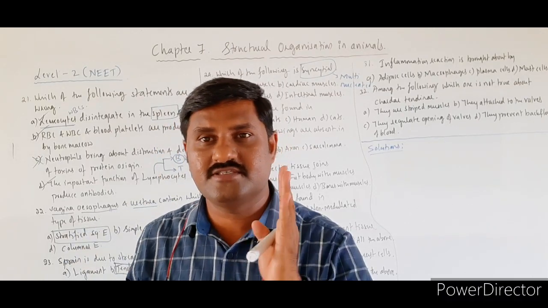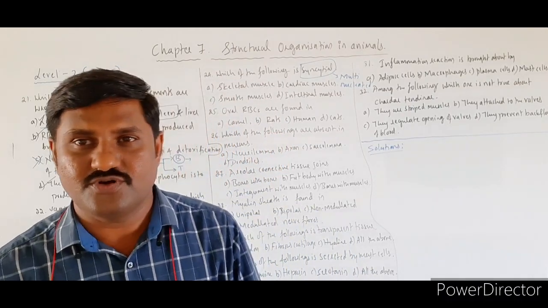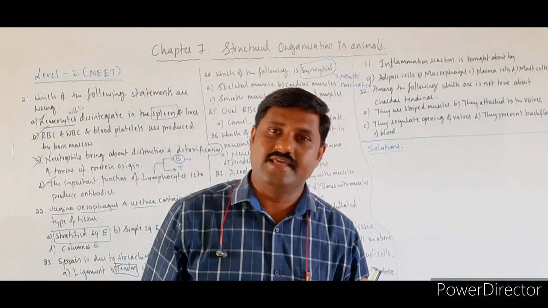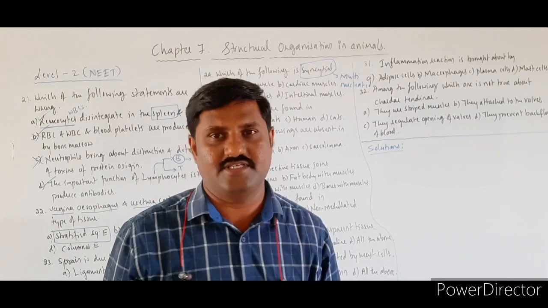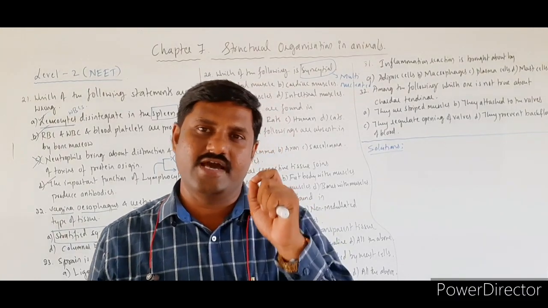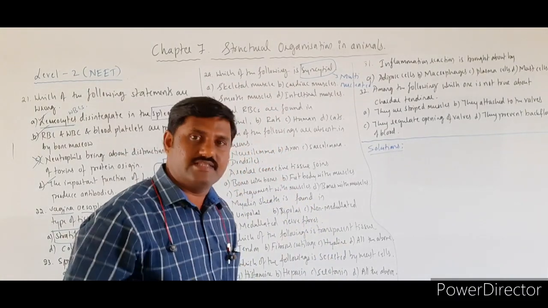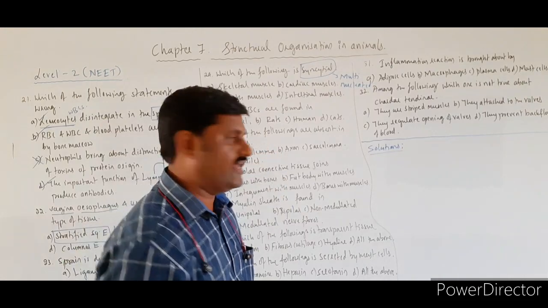The next one is skeletal muscles. They are also called striated muscles. In striated muscles, many nuclei are present, lying towards the periphery.